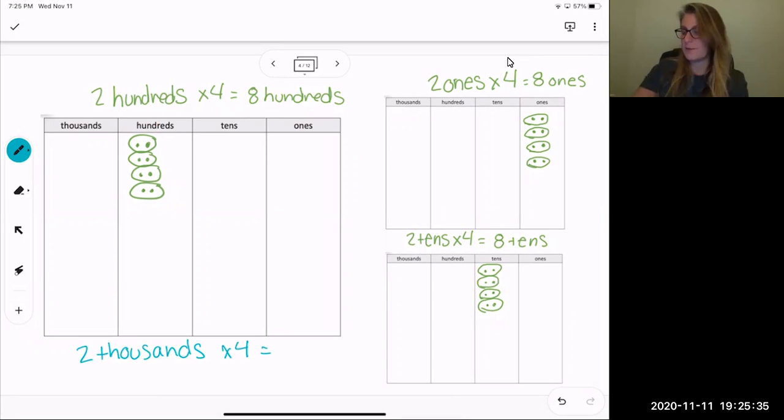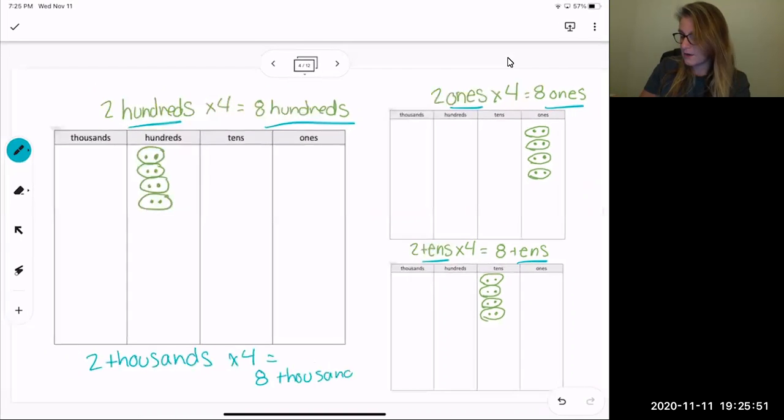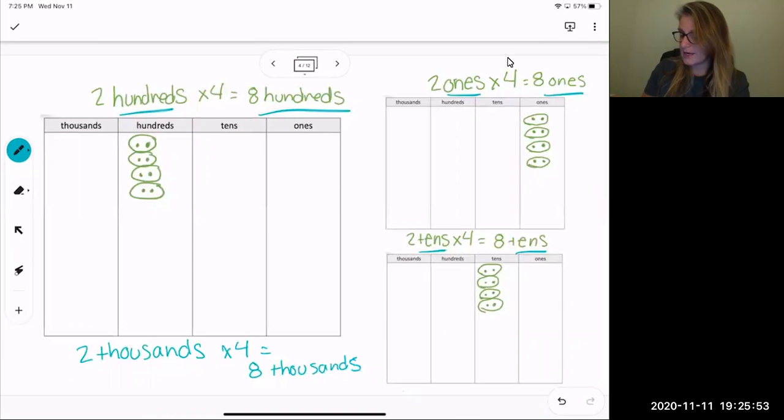Okay, so see my pattern. We have ones and ones and tens and tens and hundreds. So this one we can only assume would be 8,000s, which we would represent in the thousands column.